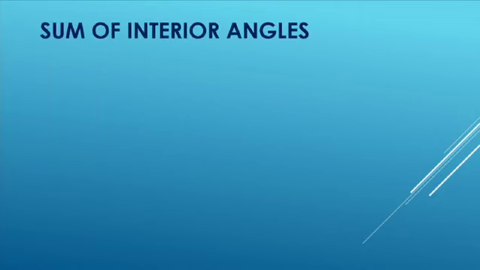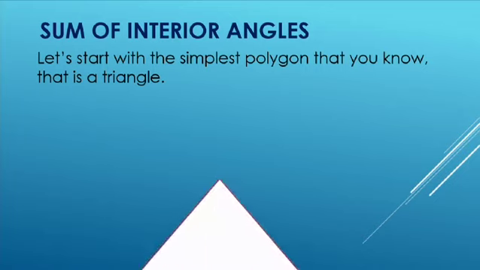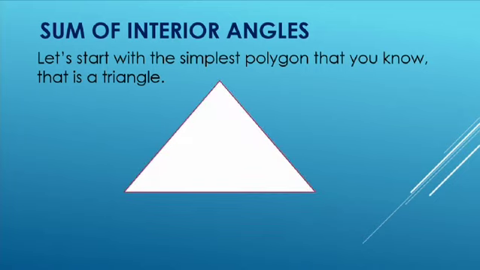Now, let's say that we want to find the sum of all the interior angles. How are we going to do that? We'll start with the simplest polygon that you know. That is a triangle, right? So this is a triangle. Now, you've learned since primary that when we add all the angles of a triangle, we have 180 degrees.